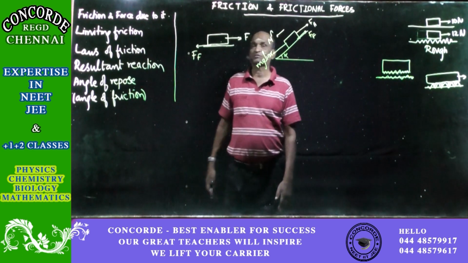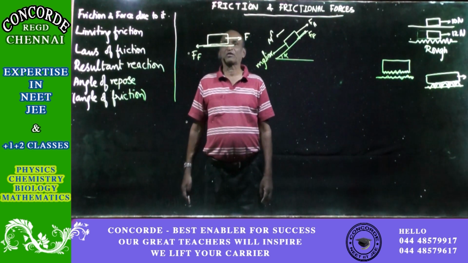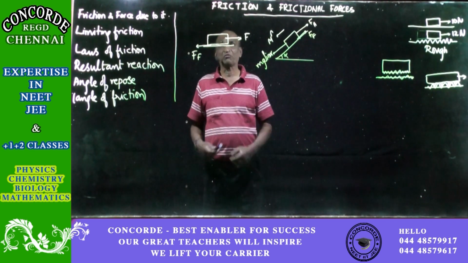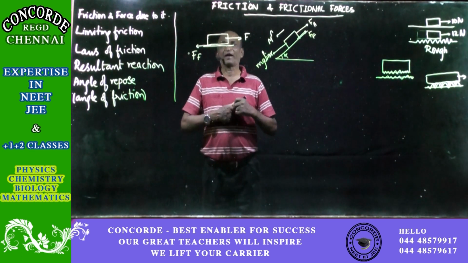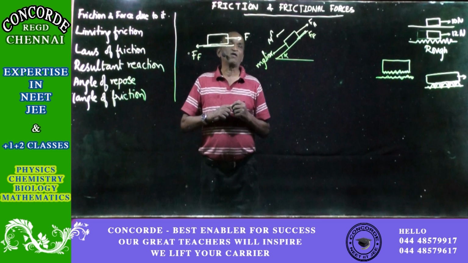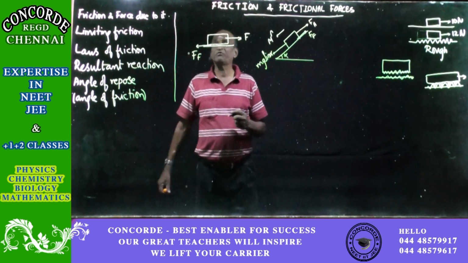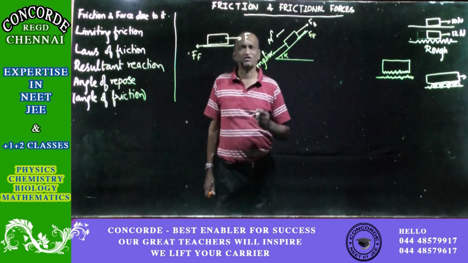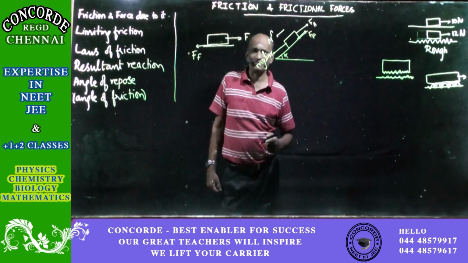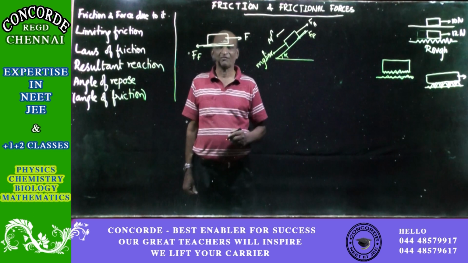You lose 5 marks. 4 for the correct answer and negative mark -1 for giving the wrong answer. So we have to further probe into friction so that we will be well aware of all the pros and cons that is there when a body is subjected to friction.